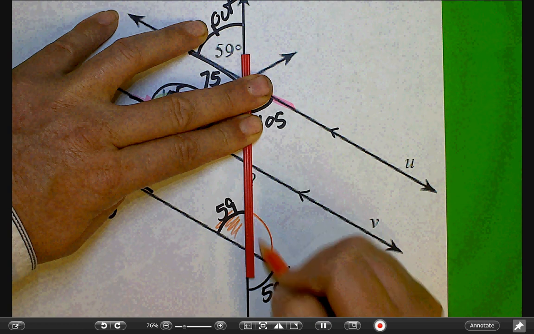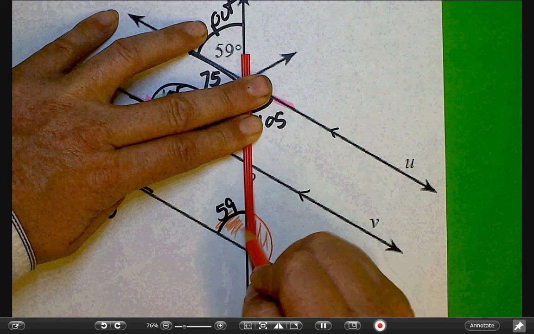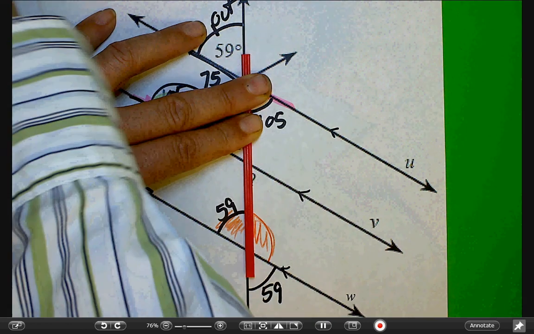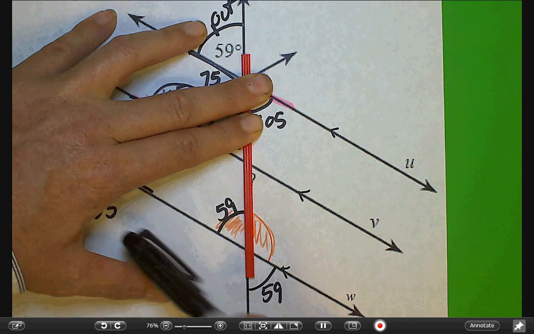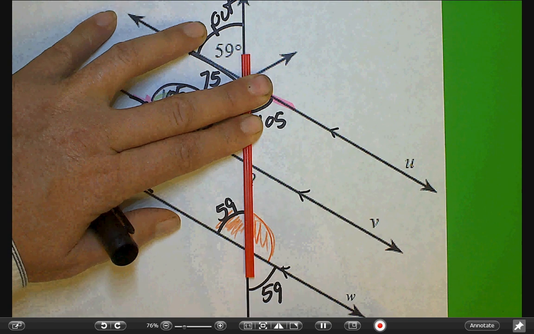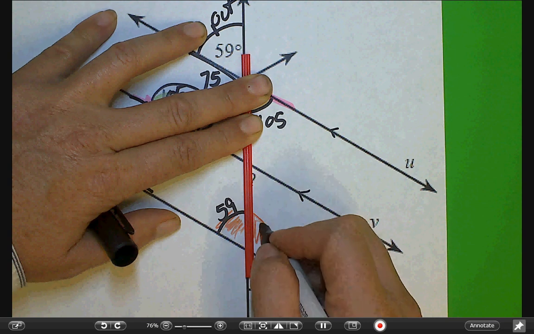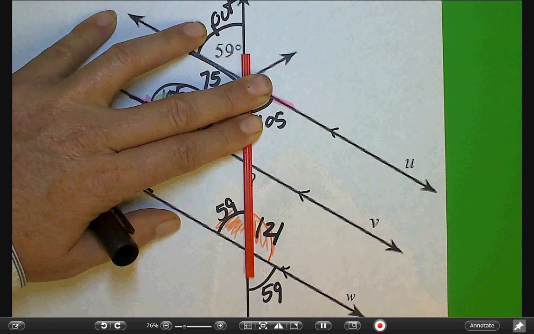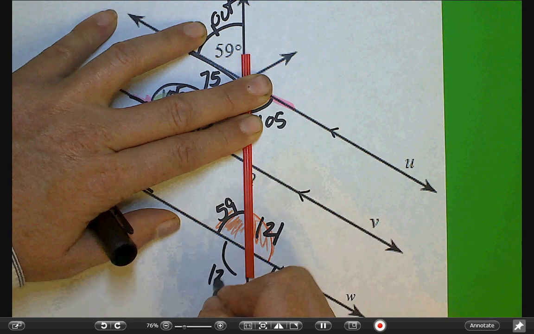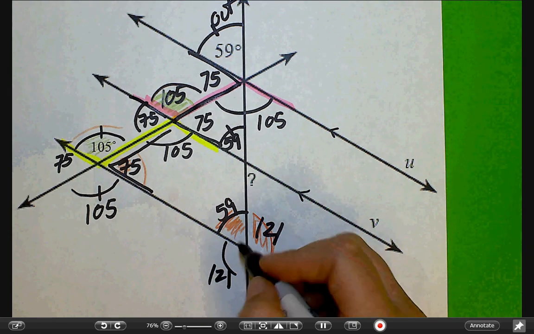This is a linear pair again, going this way. See these two angles? They share a spine, make a line, so we can take 59 away from 180. And we're going to get 121. Vertical angles, this is 121.